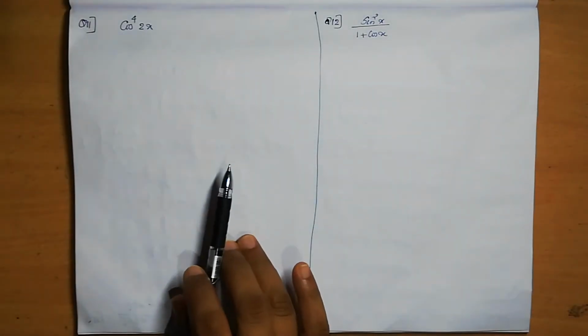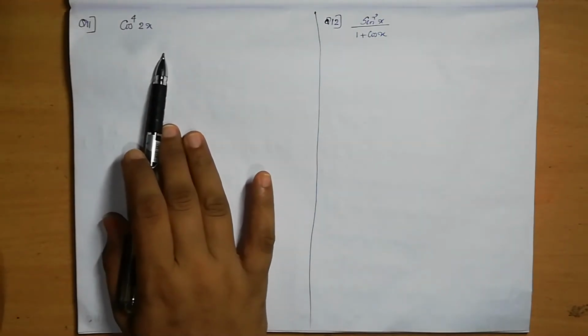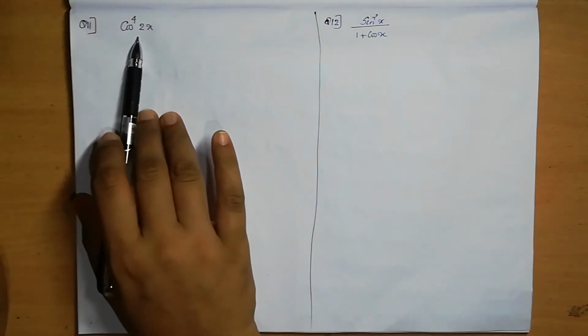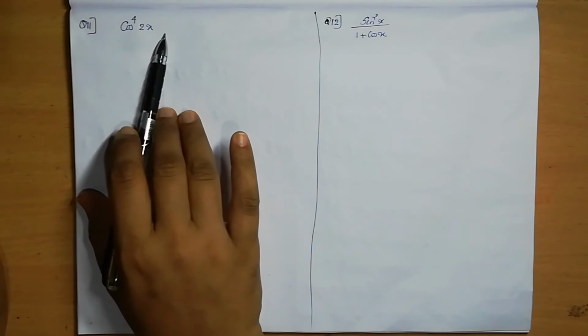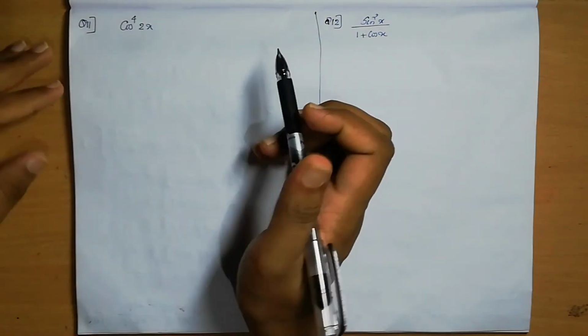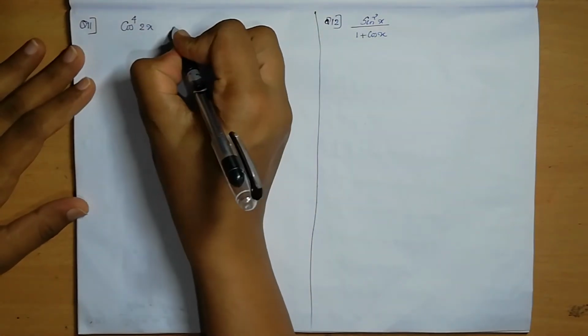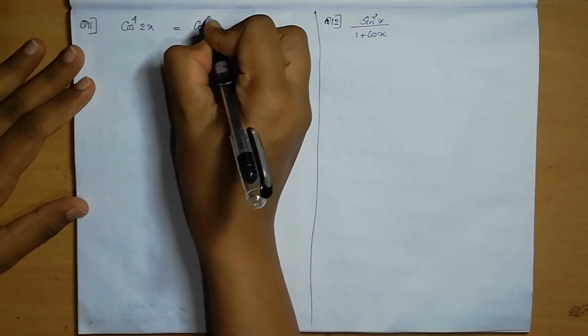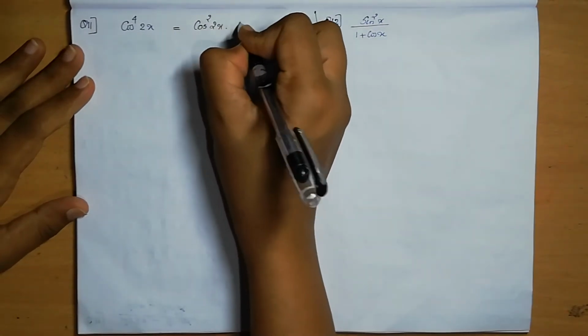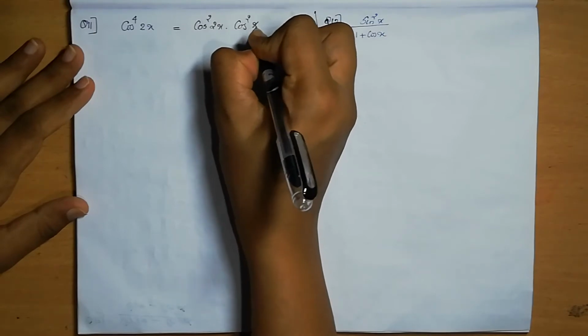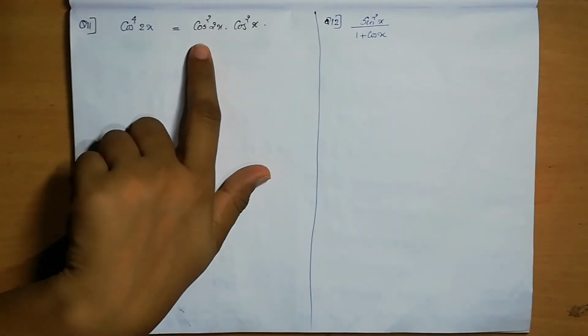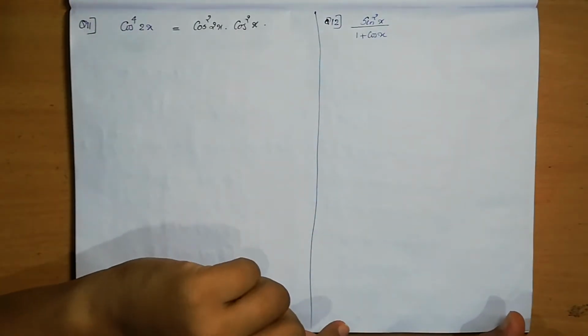Question number 11. Integrate cos power 4 2x. So this one how we can write? Cos square 2x into cos square 2x we can write, in the same way as the last question. So cos square theta means how we can write? 1 plus cos 2 theta by 2 only, right?